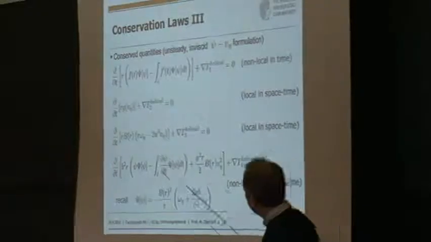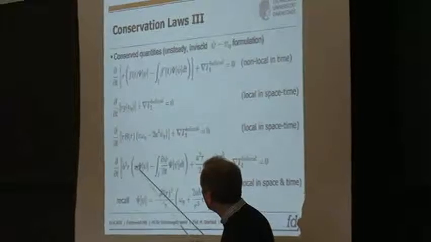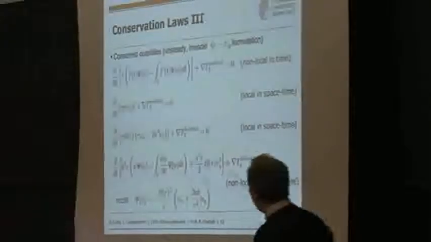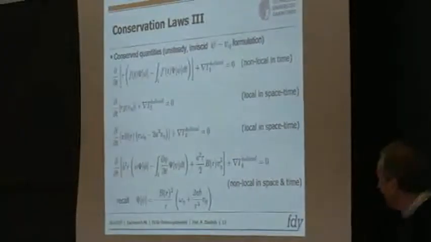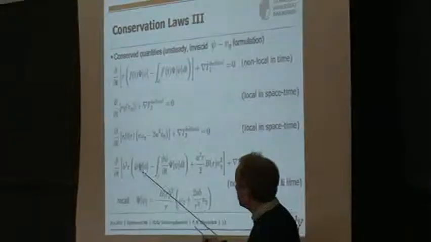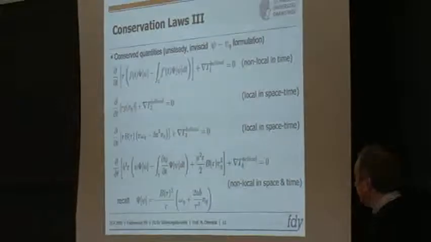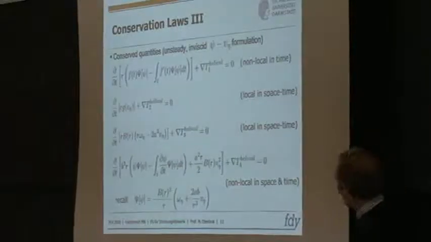And the last one here, I think, is the most interesting part because it has actually this additional factor of psi. So this type of conservation law is in a sense non-local in space and time because the psi is a non-local quantity. So at least we haven't seen that before, and we were rather surprised.